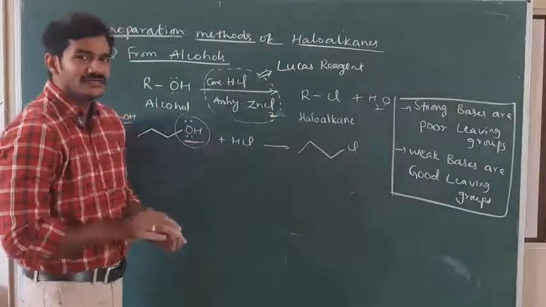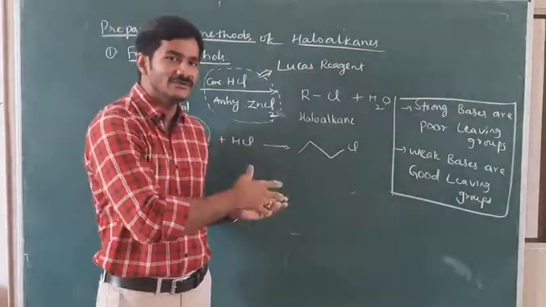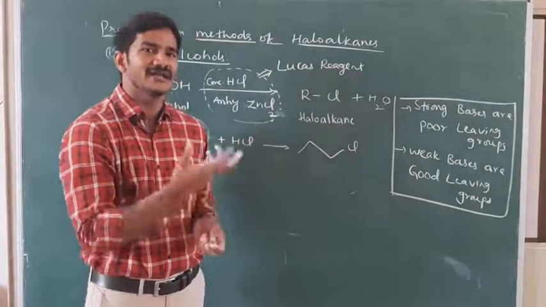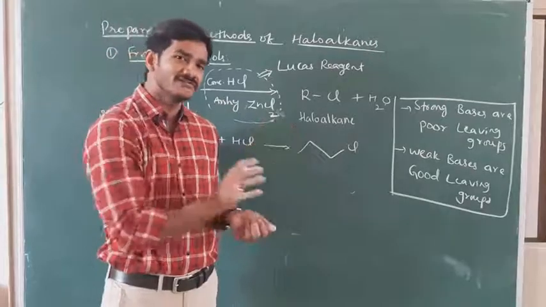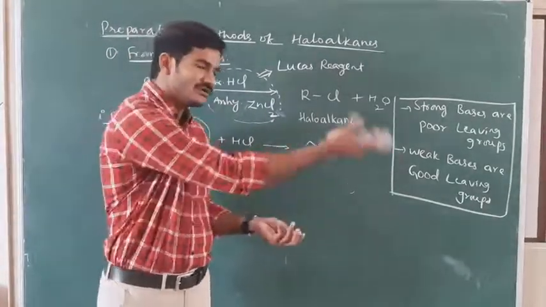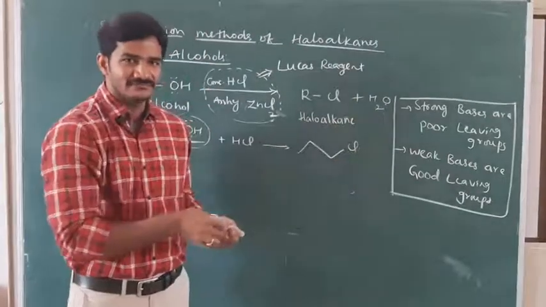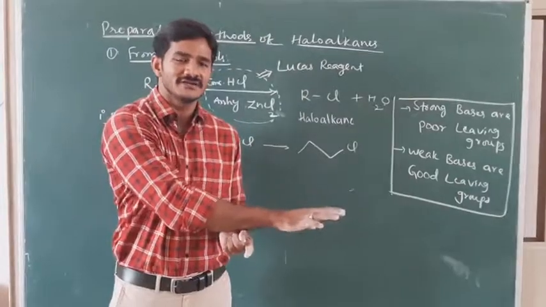A leaving group can leave the substrate molecule and be eliminated as an ion or molecule, going as a free ion or free molecule. When it is a weak base, it can go and it cannot react back.